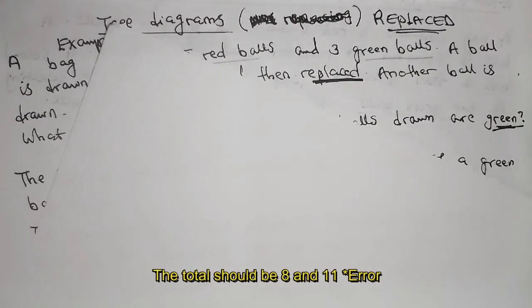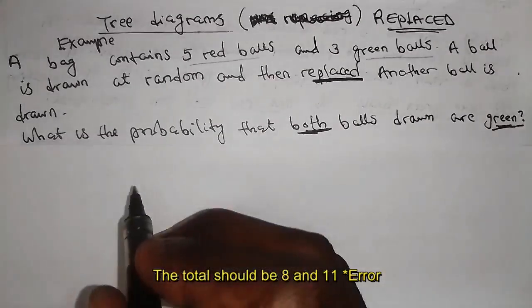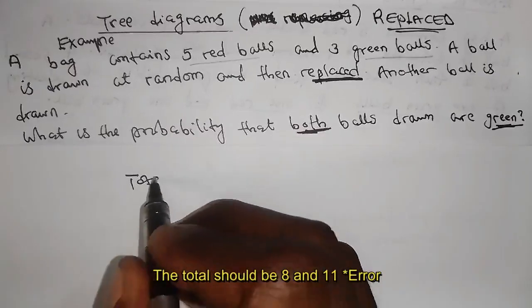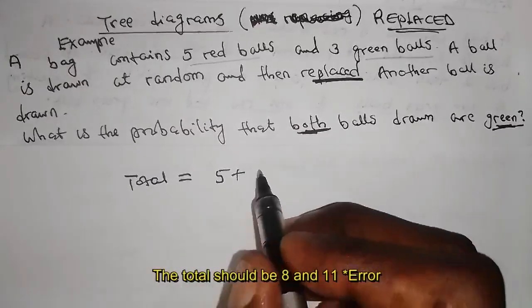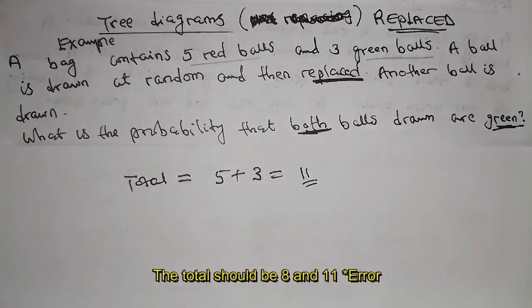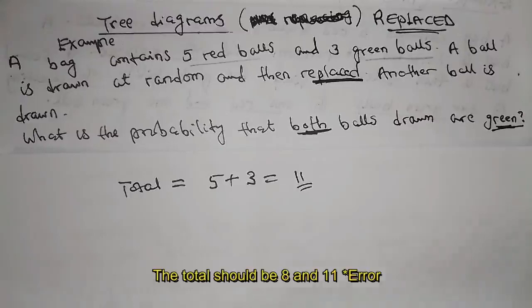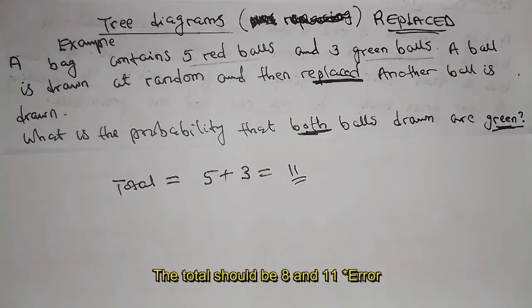So what you need to understand first of all is that you have to get the total number of the balls. So the total is 5 plus 3 equals 8. Then we have to start performing some actions.